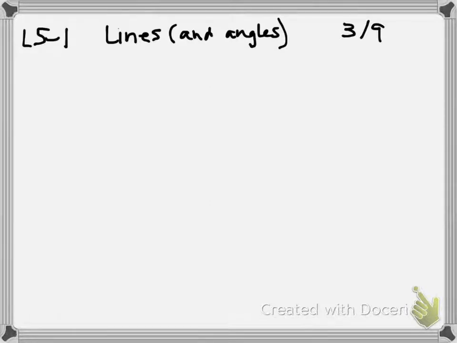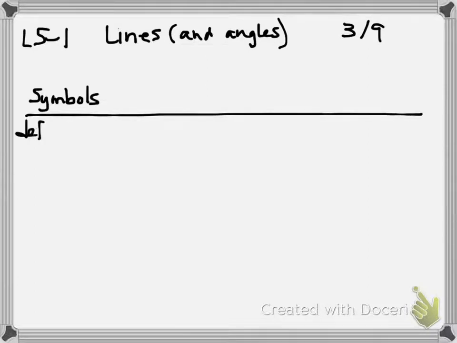So if you notice, the chart has symbols. It has define it in your own words. I'm going to make sure that you guys have the appropriate words, so I'm going to give you those words. I'm going to give myself a little bit of room here.